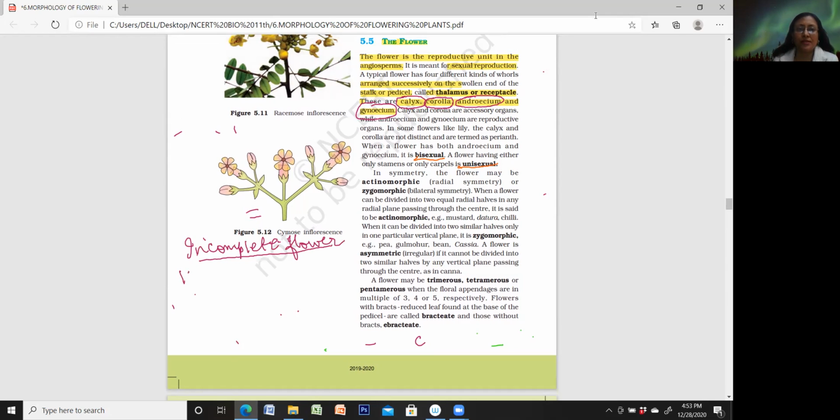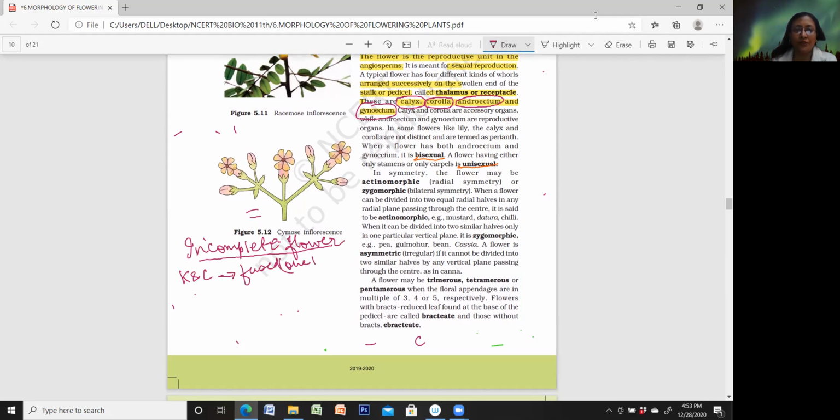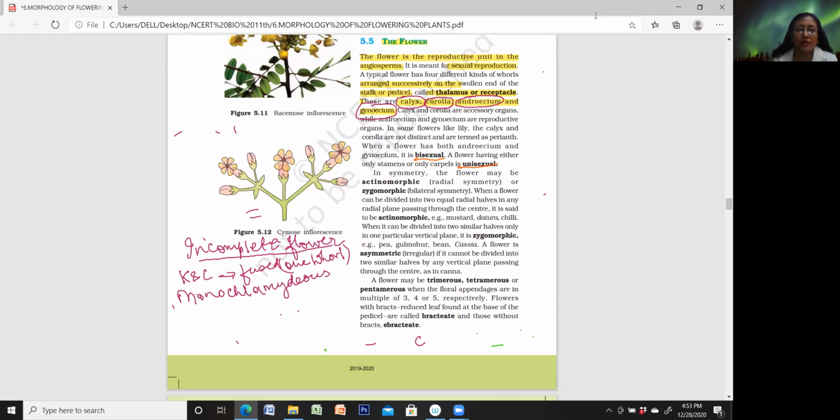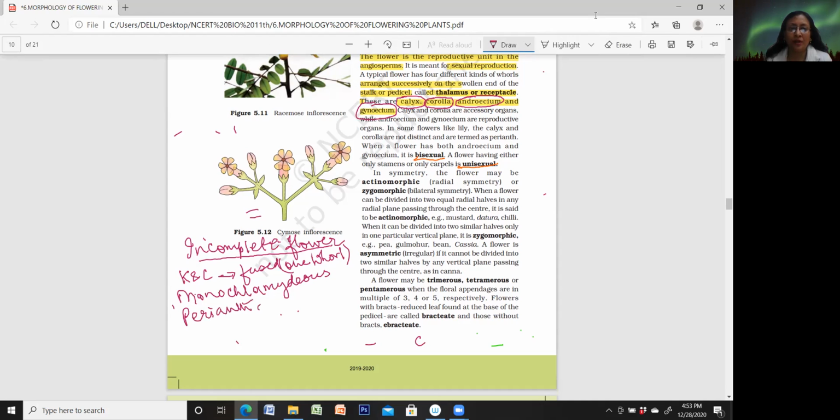Suppose the first is the accessory whorls K and C. In some flowers, the K and C remain fused, or they form only one whorl. Such flowers are monochlamydeous, and you don't call that particular whorl calyx or corolla anymore. You just call it a perianth, a whorl of perianth or tepals.